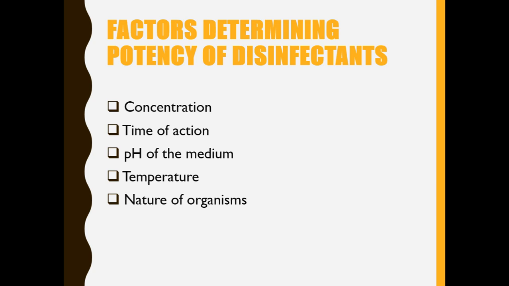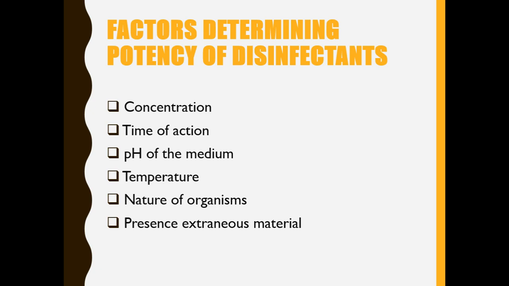And the second aspect, as far as the nature is concerned, is that the disinfectants are mainly acting on the vegetative cell. They are able to kill the vegetative cell very easily, but all disinfectants are not able to kill the spore of the bacteria. Very few disinfectants can act on the spore. So the nature of the organism also determines the potency of the disinfectant.